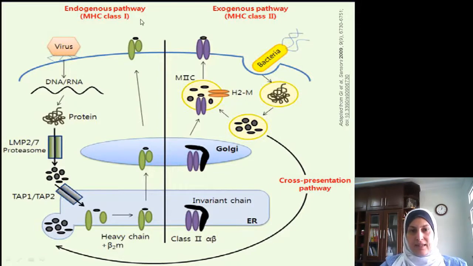On the other hand, the endogenous pathway, or we call it the MHC class 1 pathway, the virus would be attached to the cell. This is any infected cell. And of course, the virus will get its genome inside the cell, whether a DNA virus or an RNA virus. Now this genome will go inside the nucleus and attach itself to the cell DNA.